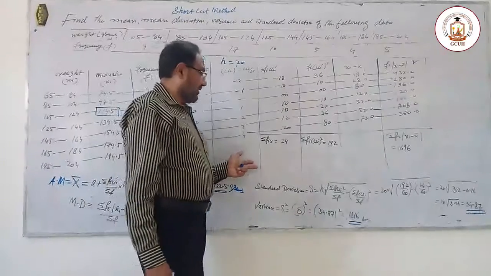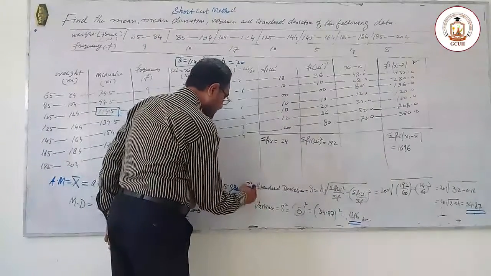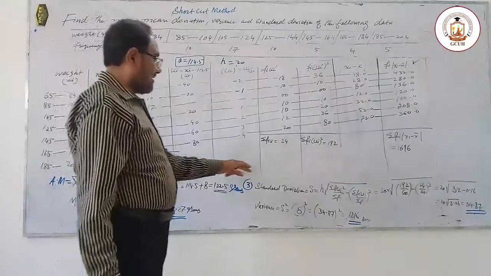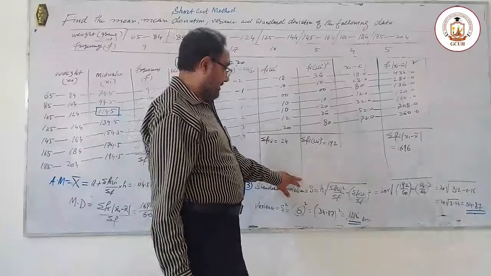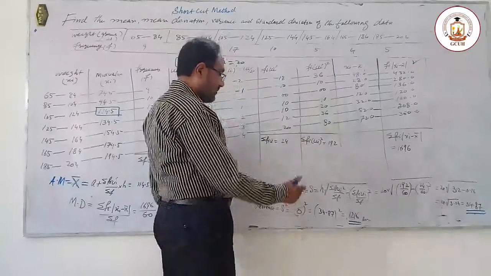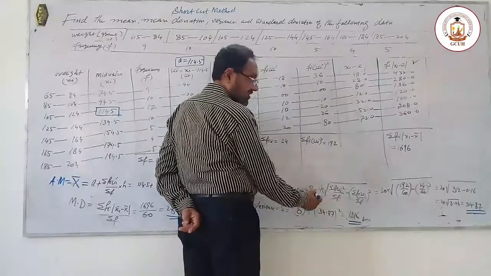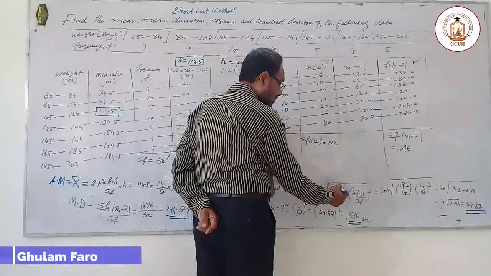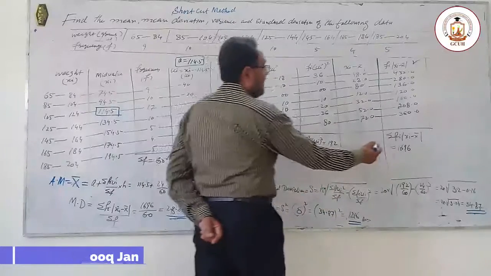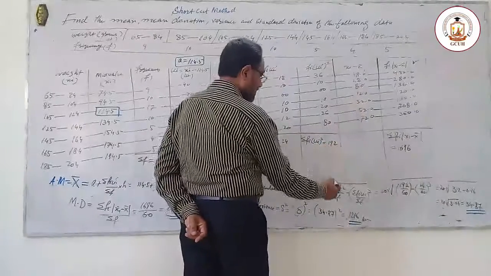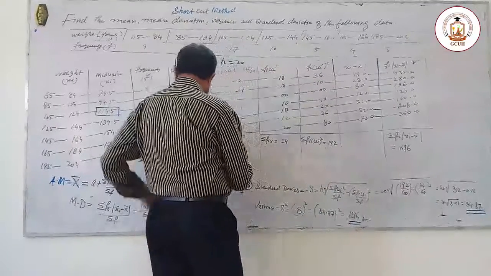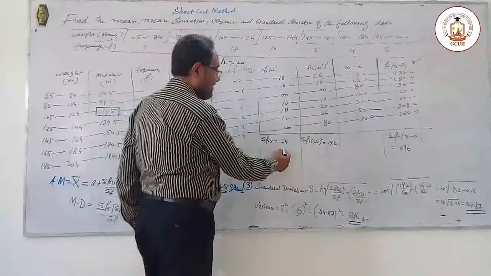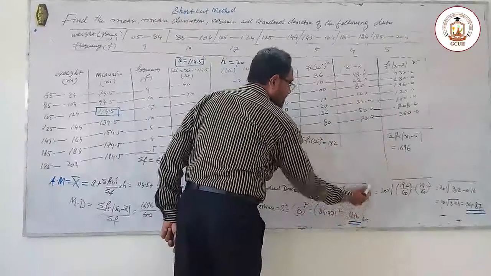Similarly, now our third point is standard deviation. In the shortcut method, we use the formula for standard deviation: h, the step size, into the square root of summation f u r square upon summation f minus the bracket summation f u r upon summation f, whole square.